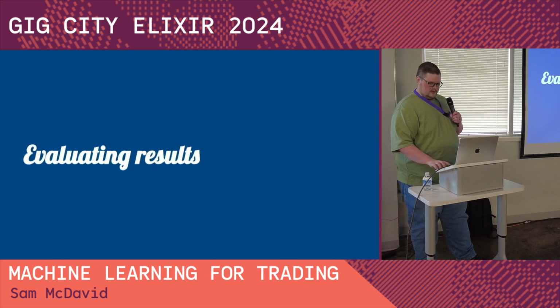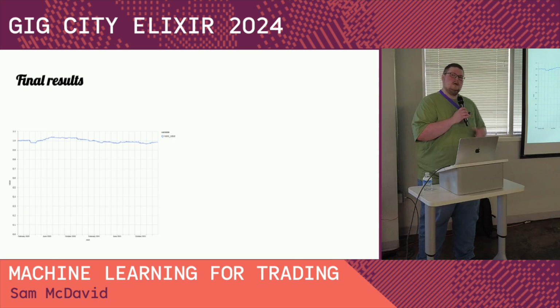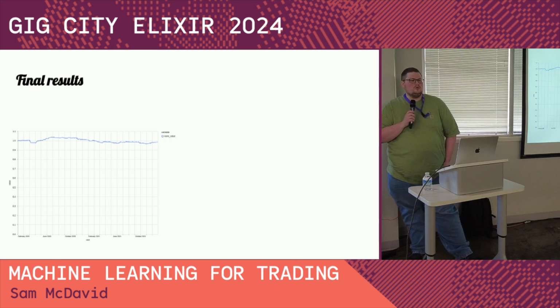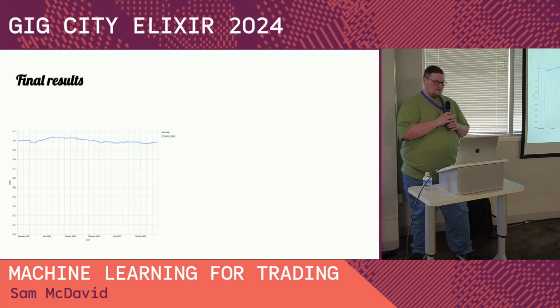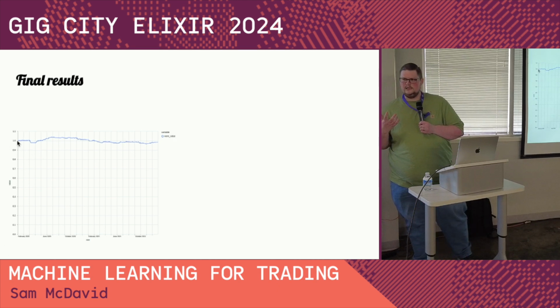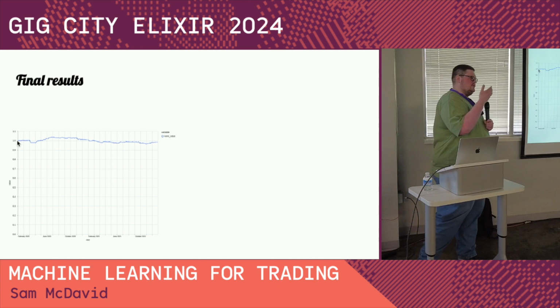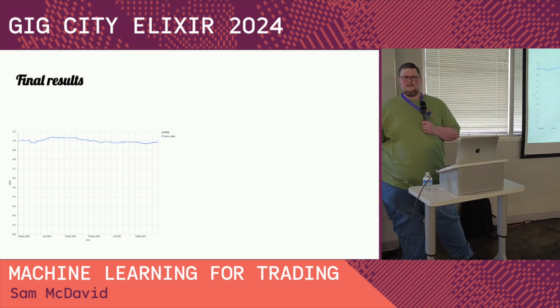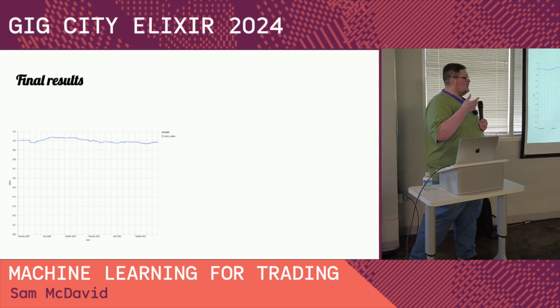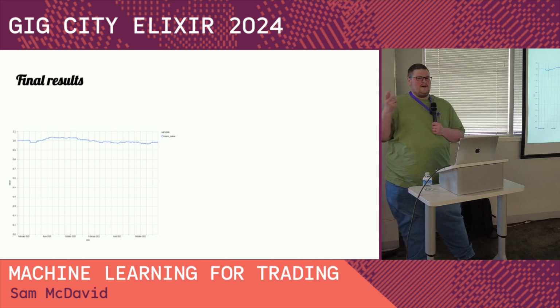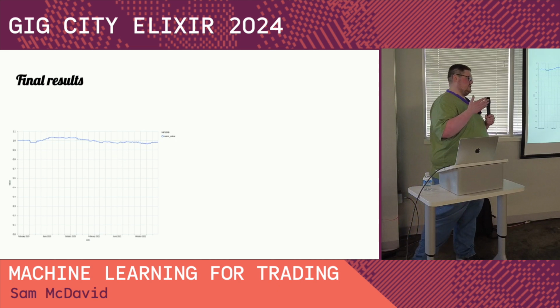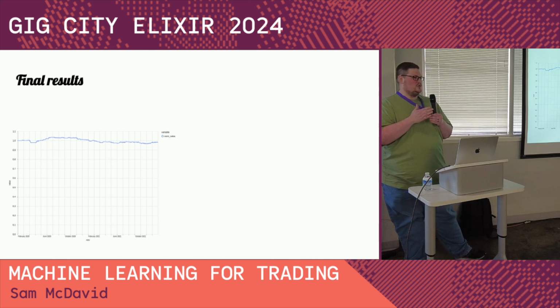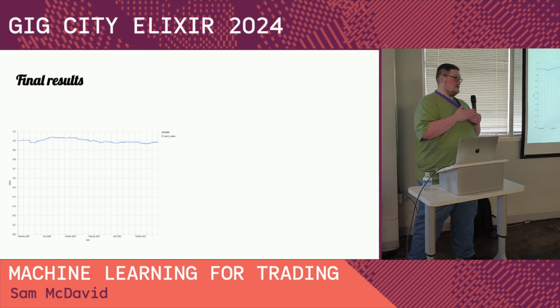So let's talk about evaluating results. These are not good results. Looking at this, I'm sorry that this is so small, but you start out having 100% of your money. I trained this on Yahoo Finance, which I did on purpose, because you don't want to do that. You want to find a better data set that gives you price and volume information on a much shorter time window than daily.